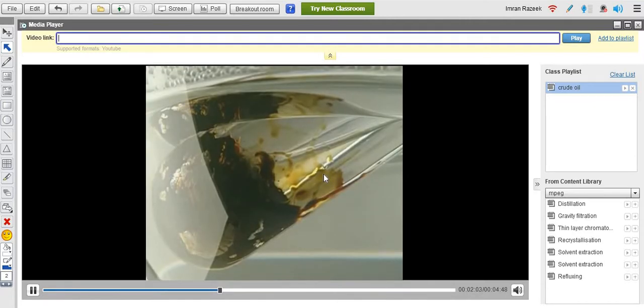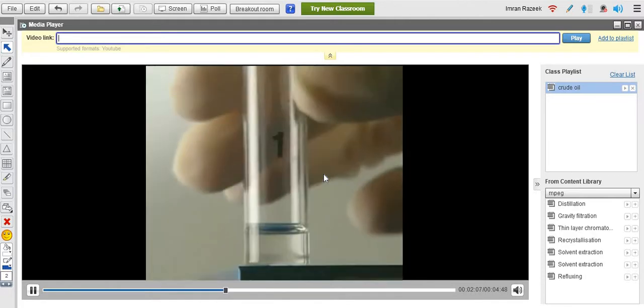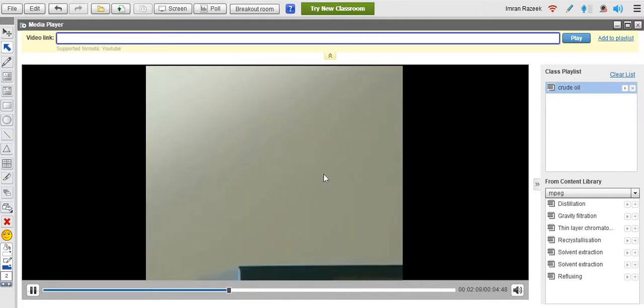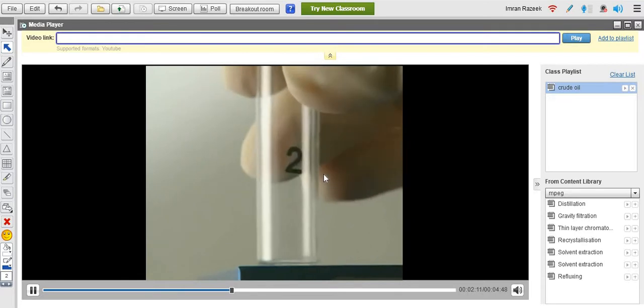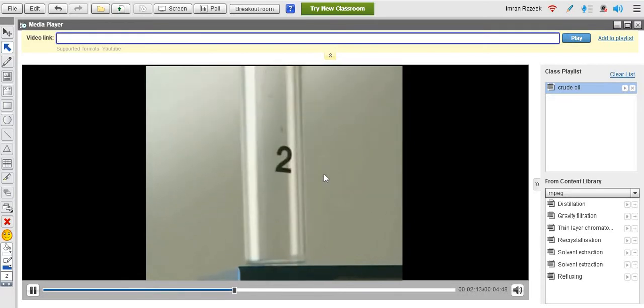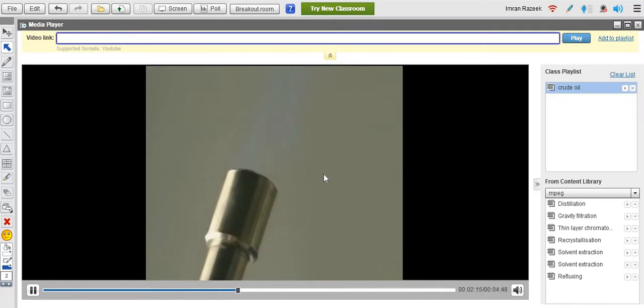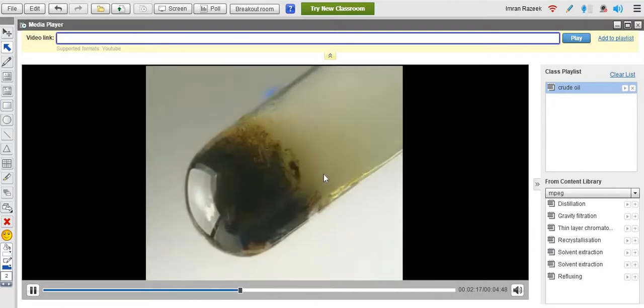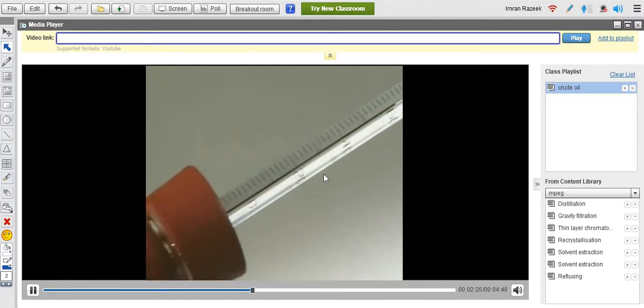The hydrocarbons left behind aren't hot enough to vaporise. Their boiling points must be higher. Once the first fraction has been collected, it's safe to start heating with a Bunsen. As the temperature rises, other hydrocarbons begin to boil. A new fraction is collected at about 60 Celsius.